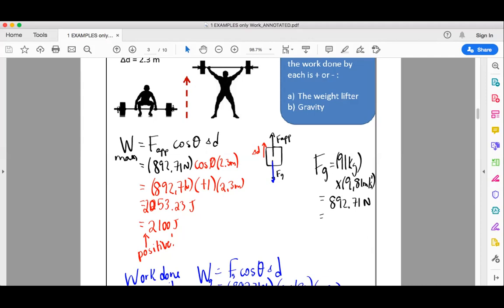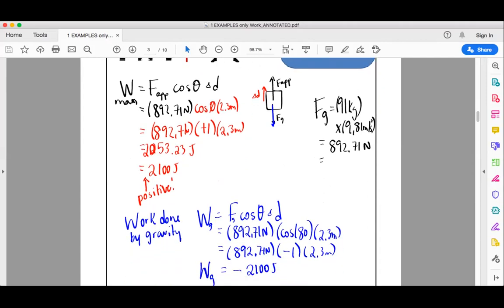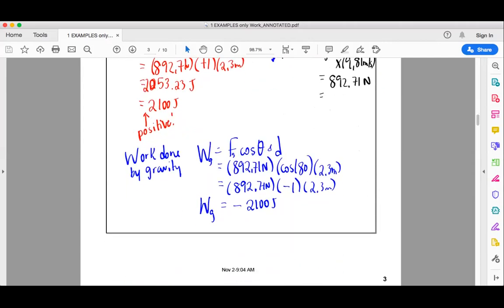As opposed to gravity, when we are lifting the object upwards, so the displacement vector is up, Fg is down, the angle between is actually 180 degrees. Cosine of 180 degrees is -1. The work done by gravity is negative 2100 joules.